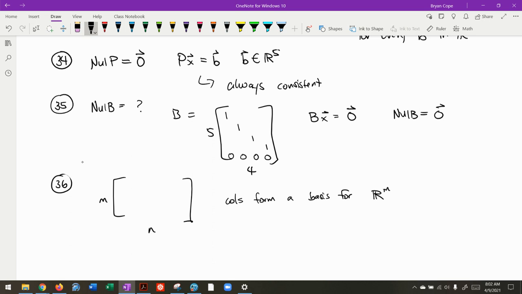So the matrix must be square. Right? If we're going to span all of Rm, we have to have a pivot in every row. And if we're going to be a basis, then we have to be linearly independent. So we want a pivot in every column. So if we have M pivots and N pivots, M and N must be equal. Pivot in every row, pivot in every column. So we have a square matrix.